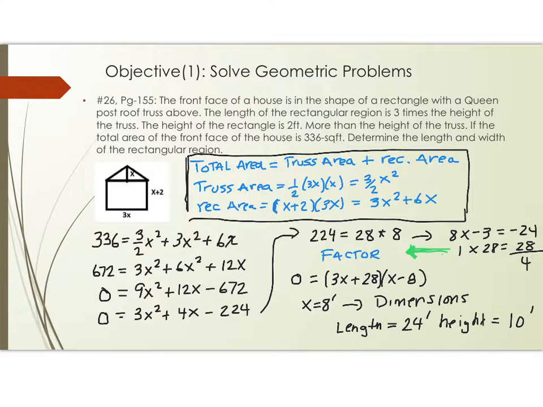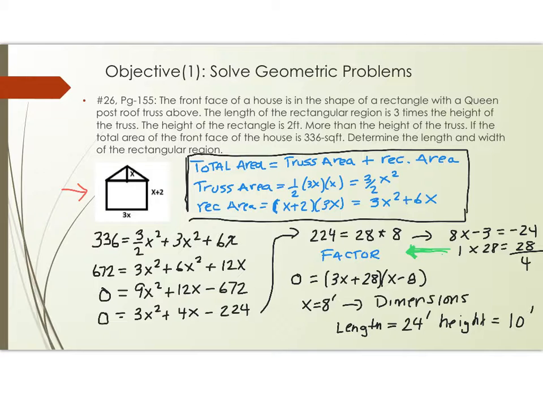The height of the rectangle is 2 feet more than the height of the truss. If the total area of the front of the house is 336 square feet, determine the length and width of the rectangular region. So the first step, of course, is to draw a picture that gives us a clue of the information that we need to have.